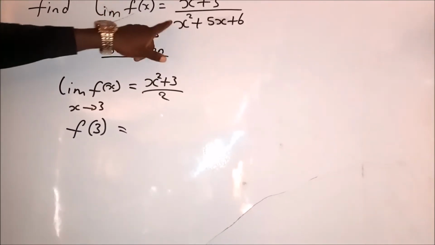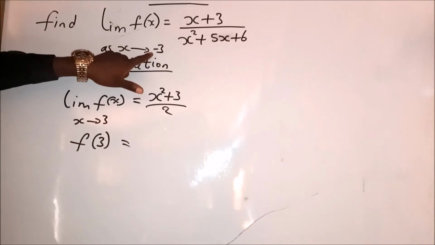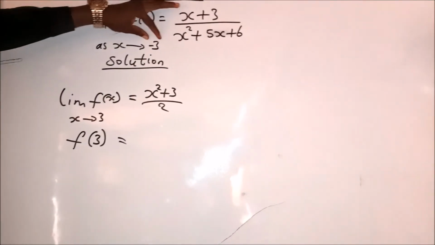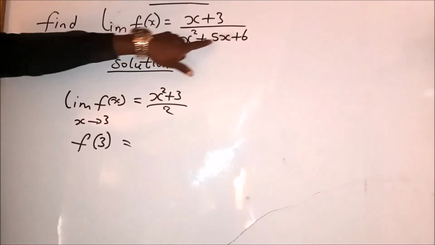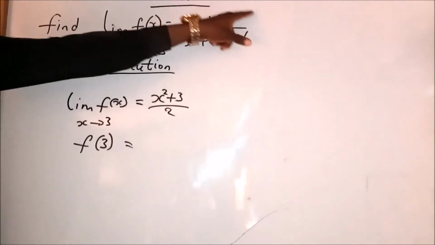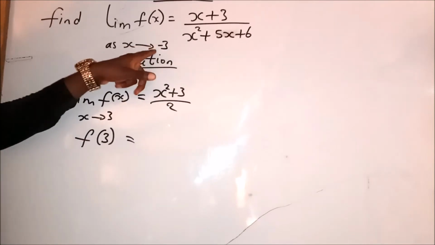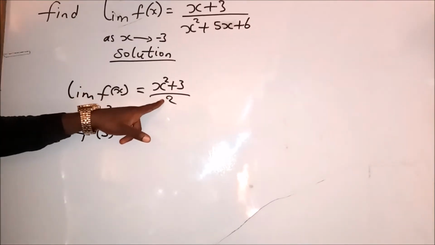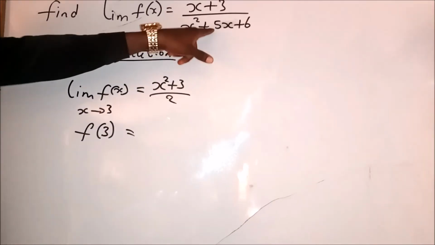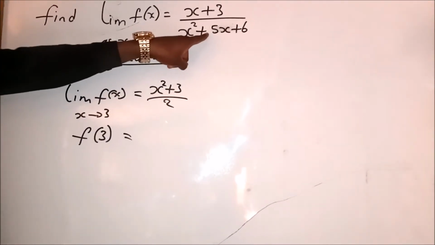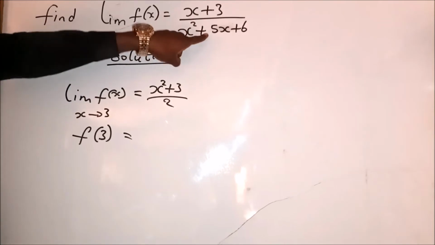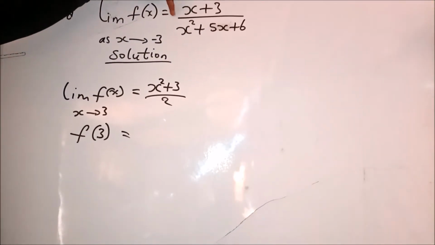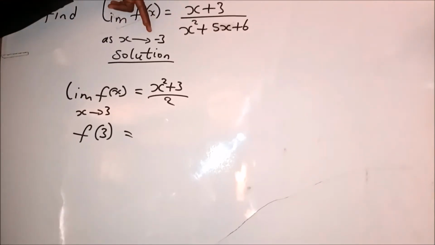Here we have minus 3 as x approaches minus 3, so we would take minus 3 to substitute for x. We cannot do it directly into this type of question, but we can do it into the other type, because in that case the denominator is just a constant, but here the denominator is an expression of the same independent variable. So we are going to go through another process before we can do the substitution.